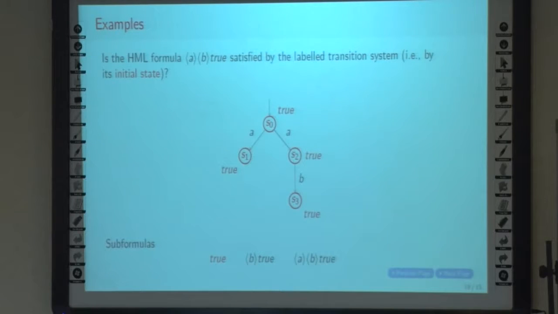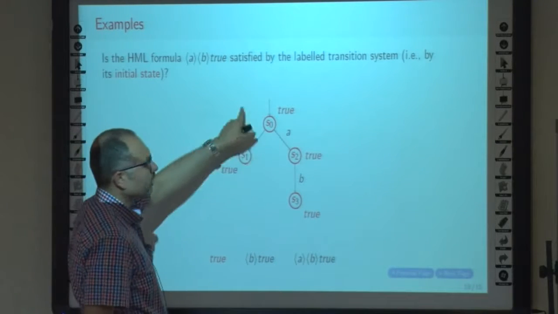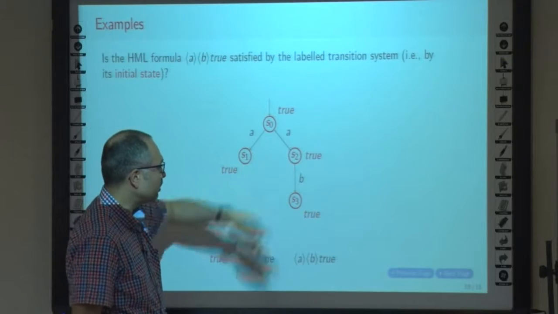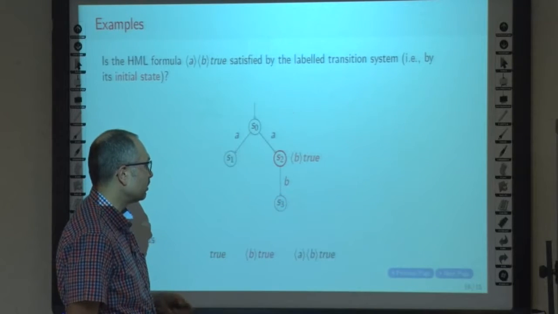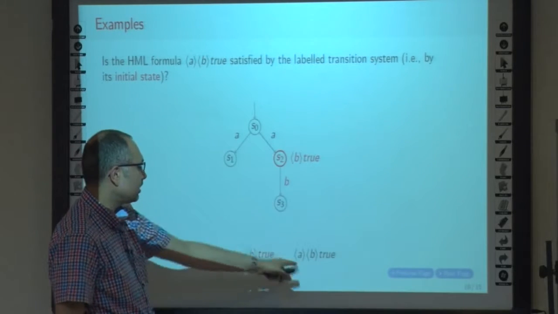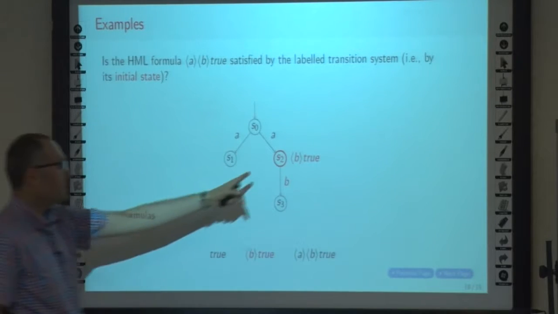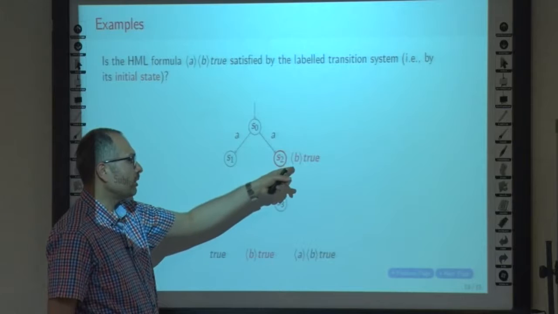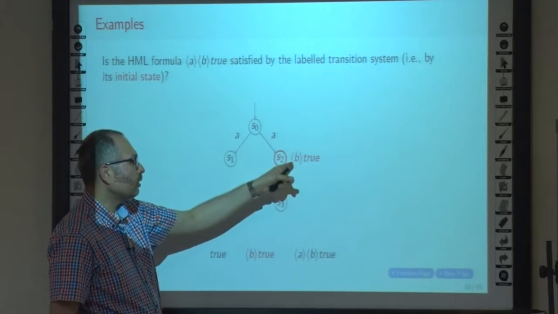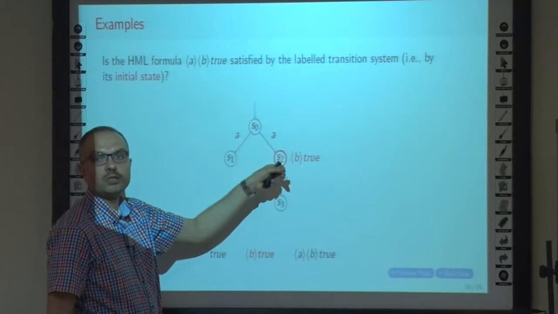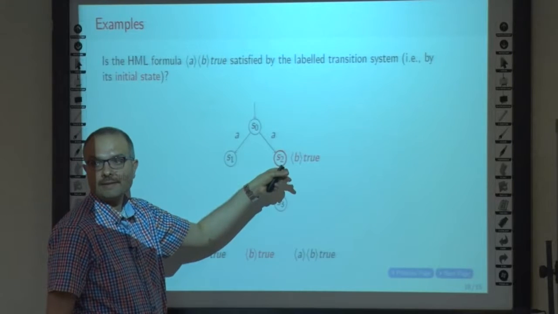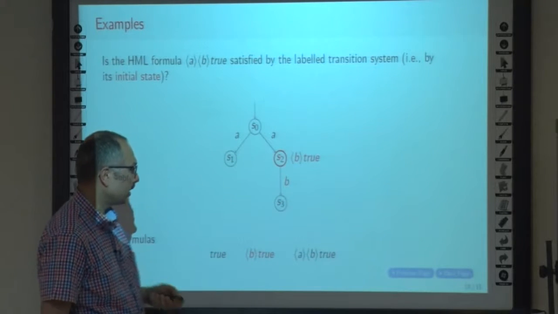Right, S2 is the only state that satisfies diamond B true. The rest cannot do a B, right? And then the next subformula is diamond A, diamond B true. Now I know which state satisfies diamond B true, so I only need to find those states that have at least one A transition to this particular state. And what is that? It's only S0.